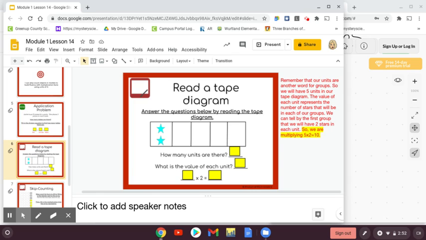That's the usual word that we would use in class. So we will have 5 units in our tape diagram. There's 1, 2, 3, 4, 5 groups. So that means there are 5 units. What is the value of each unit? Well, that's just the number of counters or the number of objects that are in each group. I can see that there are 2 stars in each group. So my multiplication sentence is going to be 5 times 2 equals 10.